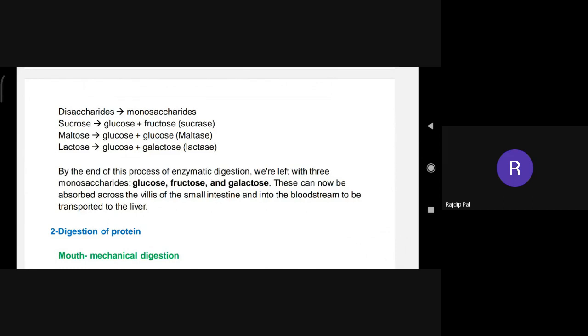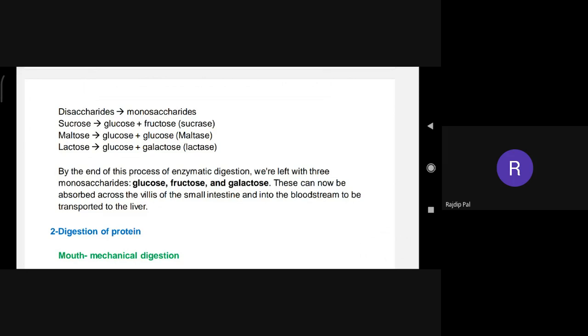You can remember this by a mnemonic: Sulema. Sucrose, lactose, maltose. Sulema. These are disaccharides. These are important points from a question point of view, and in diet and nutrition also.